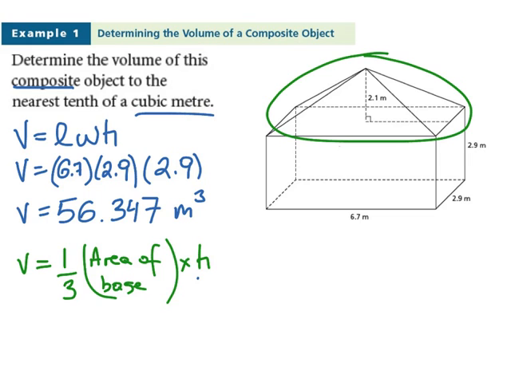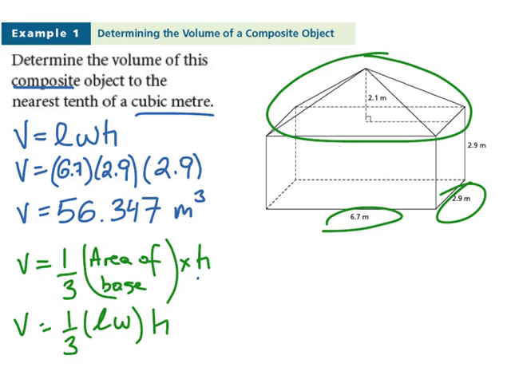In this case, because it's a rectangle, the base area is length times width, times height. Notice that the length and width are actually the same, because they are shared with the prism below.